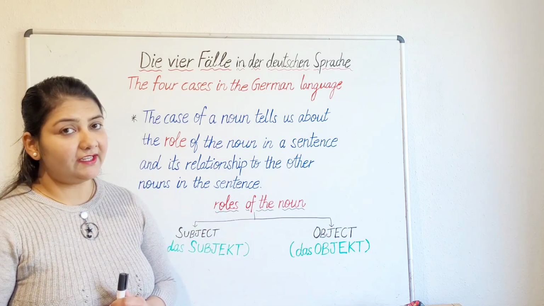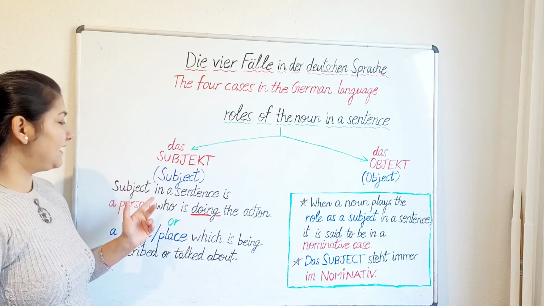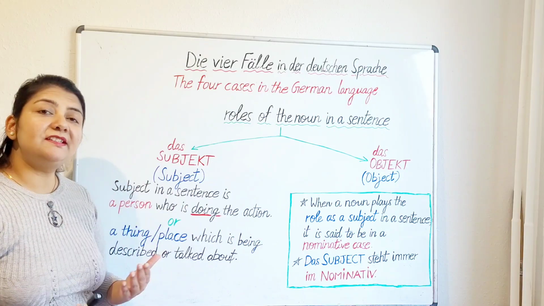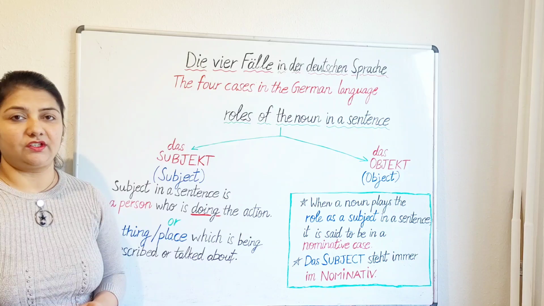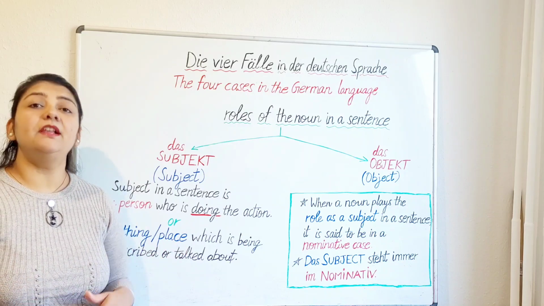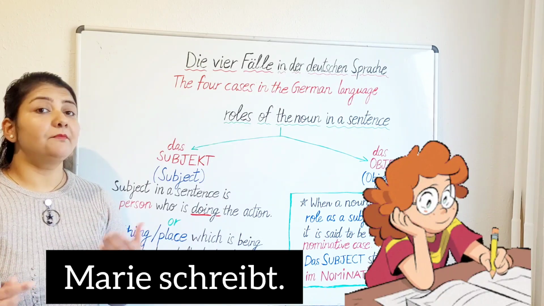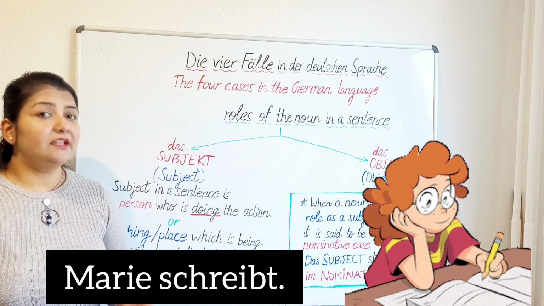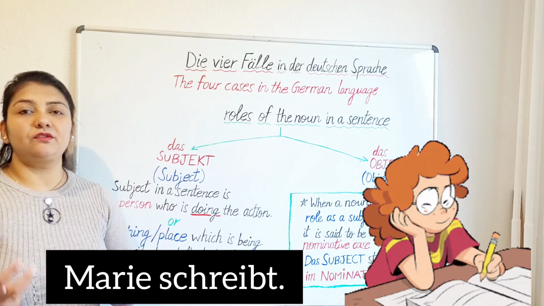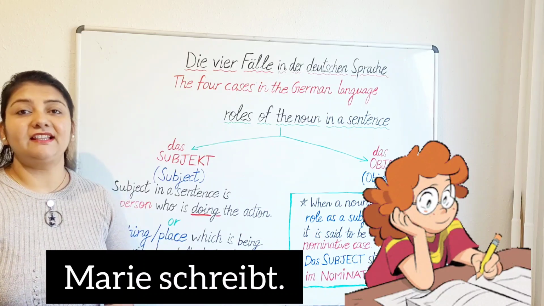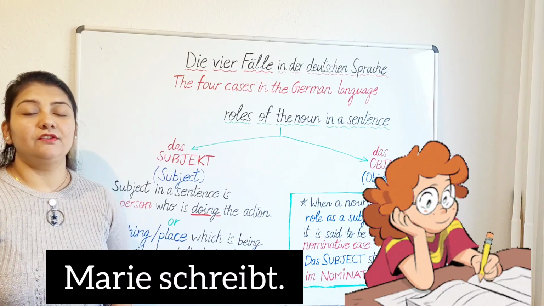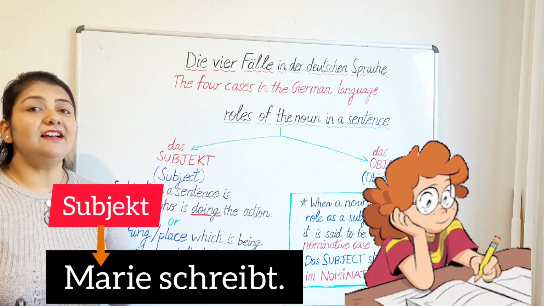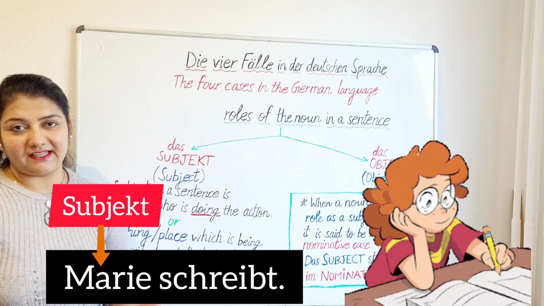Let me clarify it. Subjekt in a sentence is a person who is doing an action. For example, Marie schreibt, Mary writes. So who is writing? That is the person who is doing the act of writing, that is Marie. So Marie is the subject of the sentence.